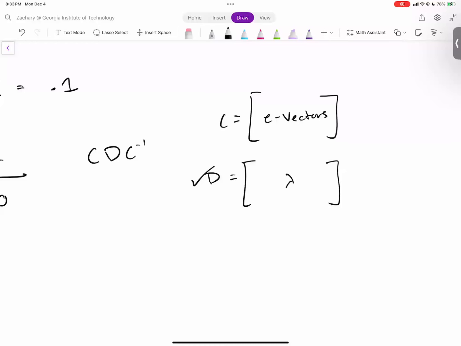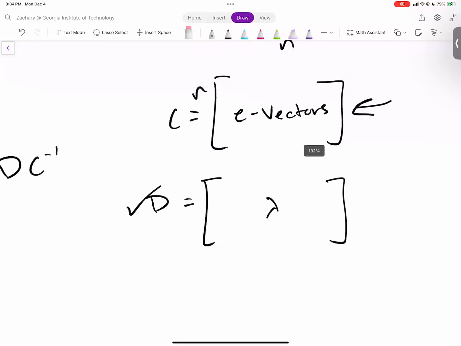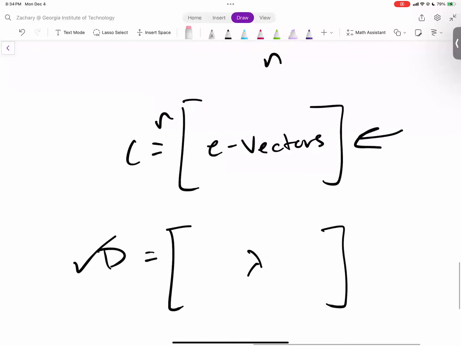To find a matrix C, these matrices are n by n, and they must always be filled with eigenvectors all the way. So all of our eigenvectors must be linearly independent. Because if this matrix is filled with eigenvectors that are not independent, what is C inverse? Does it exist? No, because my columns are linearly dependent. So the whole problem with C is we're trying to find enough vectors to fill this space.